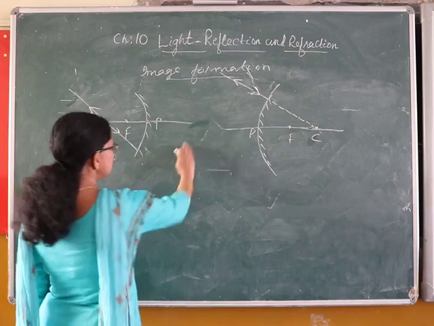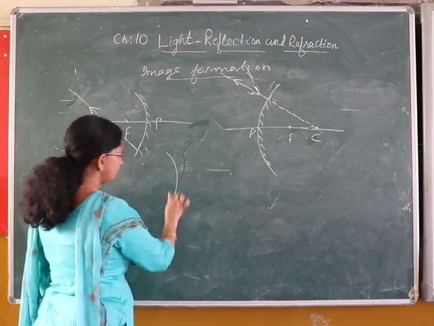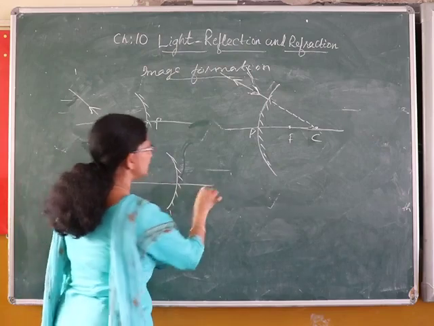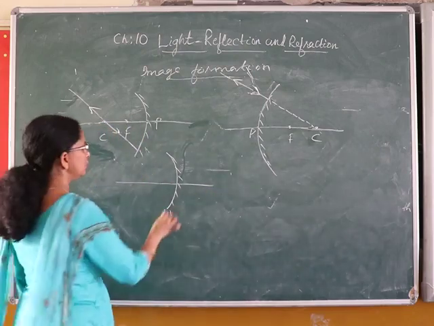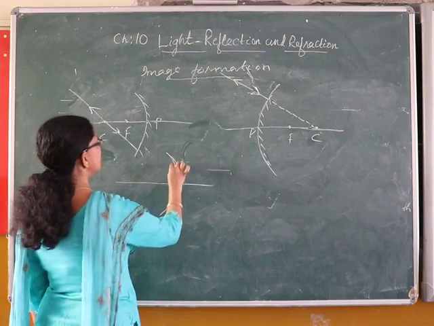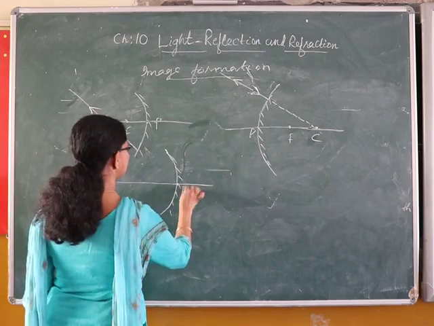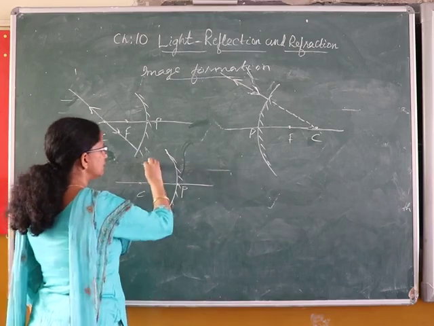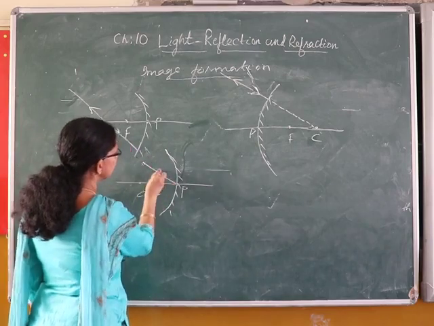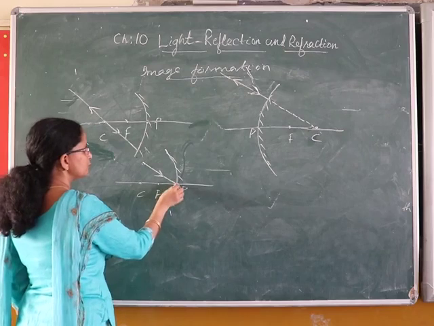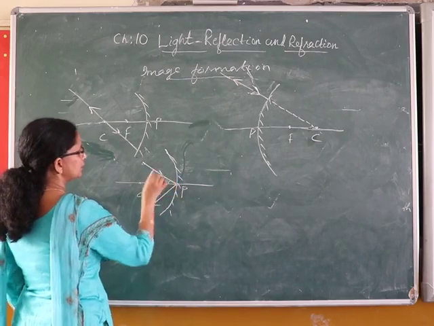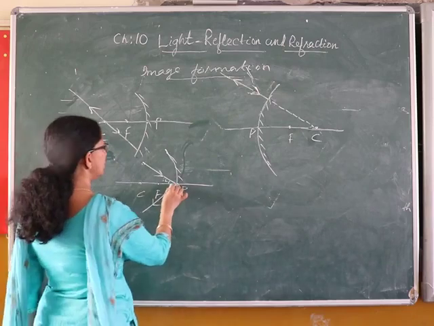Now, other than all these, any other ray that strikes obliquely on the mirror will be reflected by obeying the laws of reflection. That means the angle of incidence will be equal to the angle of reflection.